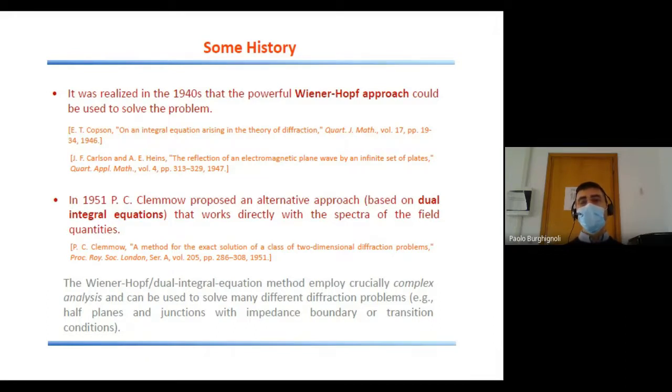For example, half planes or junctions made with materials on which impedance boundary conditions, or impedance transition conditions hold. So we can generalize both the geometry and the kind of boundary condition. And we will introduce in this and in the next lesson this Wiener-Hopf dual integral equation method.